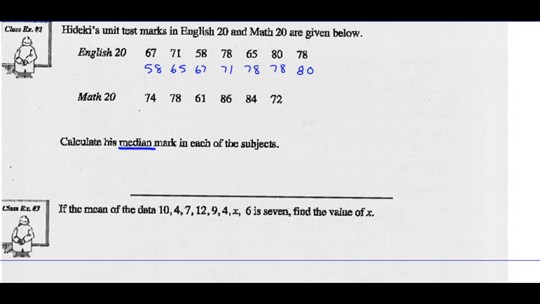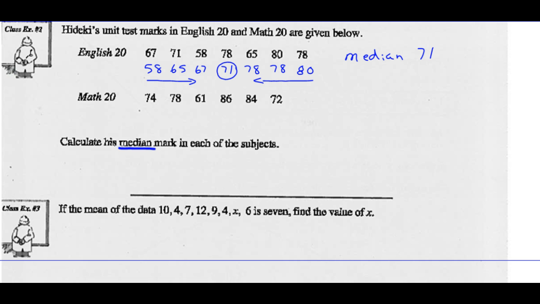So that would be our data from smallest to largest. The definition of the median is the piece of data that's exactly in the middle. So the middle piece of data here, if I go 3 in from the left or 3 in from the right, is 71. So the median mark on the English 20 exam was 71.